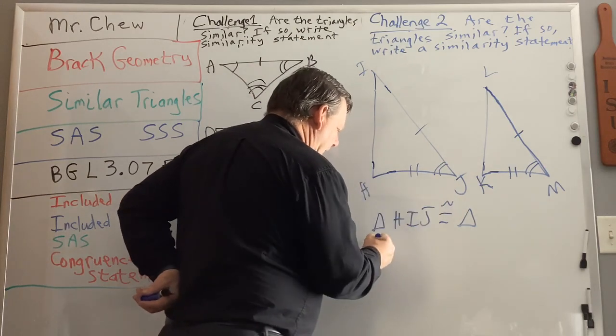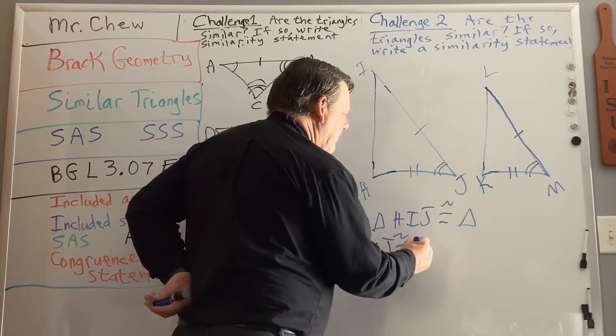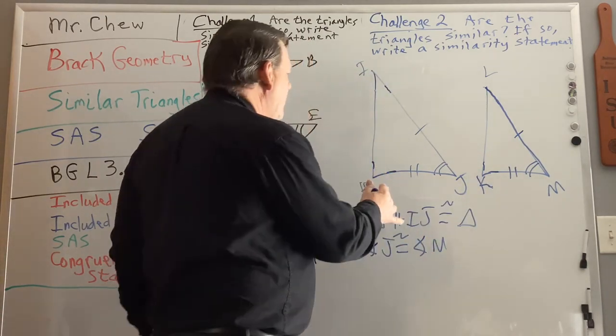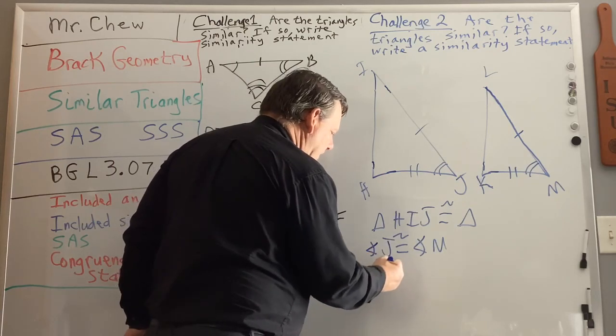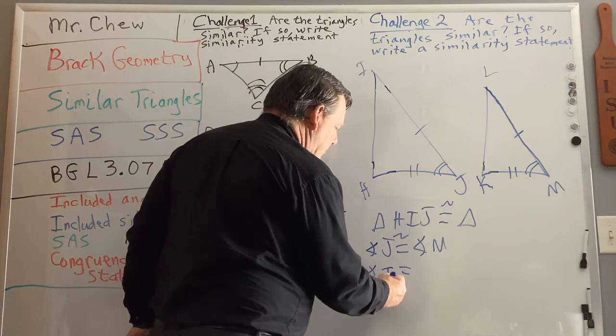We know that angle J is congruent to angle M. We don't know what angle I is congruent to, and we don't know what angle H is congruent to.